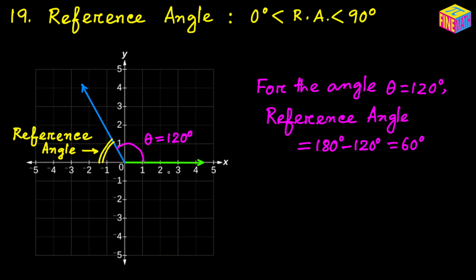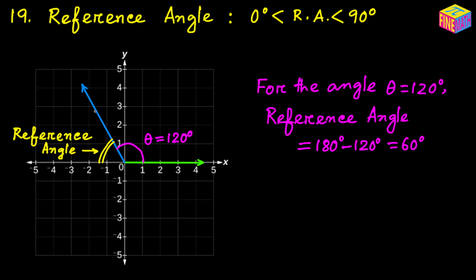So now in this example, I have an angle which is 120-degree, theta equals 120-degree. Now if we have to find the reference angle for this 120-degree angle, first we have to find out where its terminal side is, and obviously the terminal side will be in the second quadrant because the angle is greater than 90-degree. It is 120-degree, so the terminal side will be in the second quadrant.